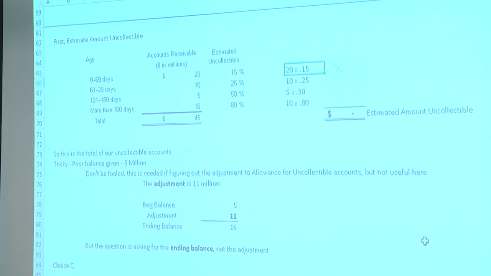So for a 0 to 60-day account, that's $20 million times 15%, or 0.15. So we have $3 million considered uncollectible for our first set of accounts, which is 0 to 60 days old.